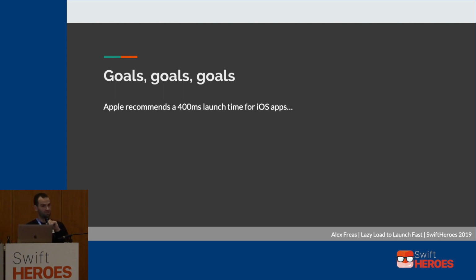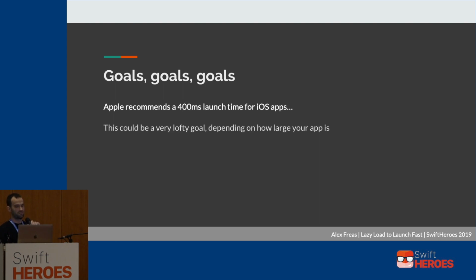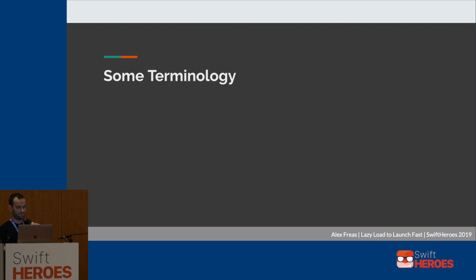It has a lot of features, a lot of code to load and a lot of dependencies. So you may think, okay, this is not even possible for our app, or maybe we're already launching at this speed, but I think you can get closer to that result than you think if you want to.